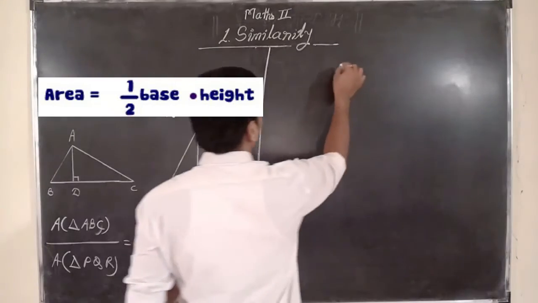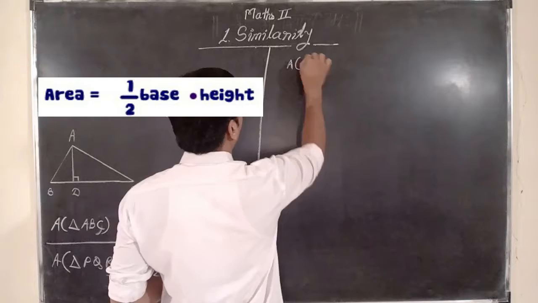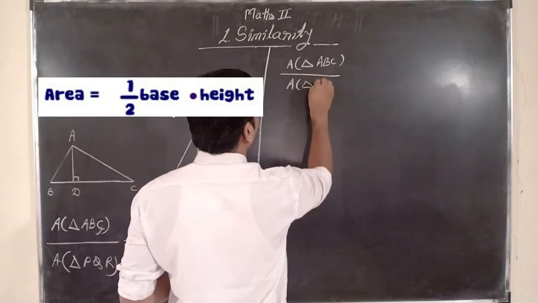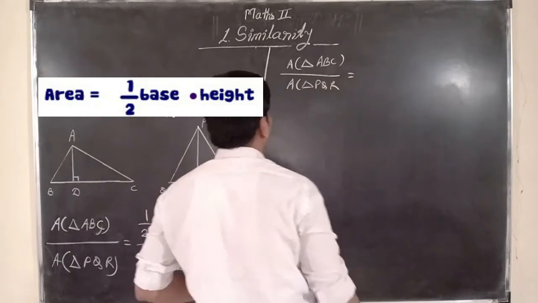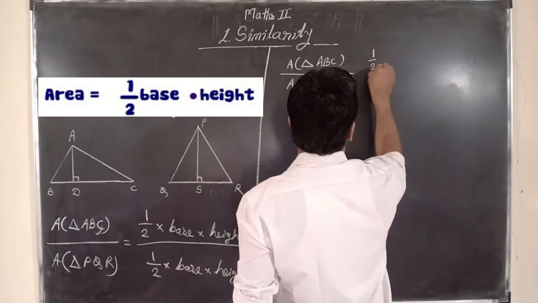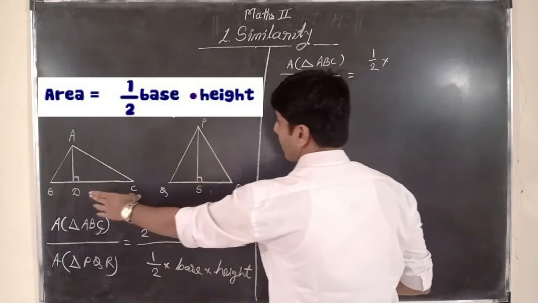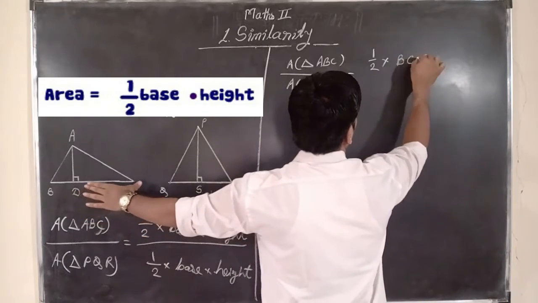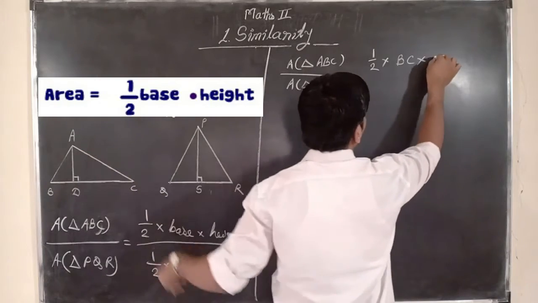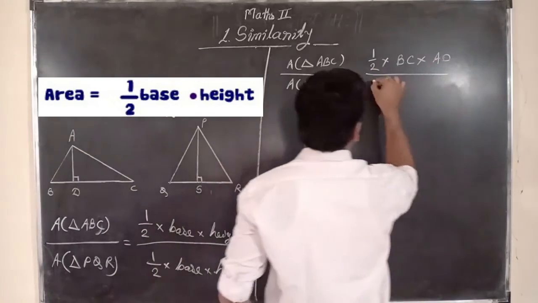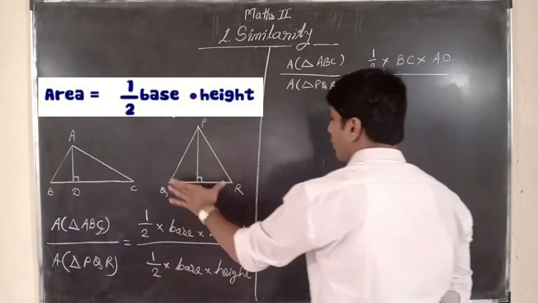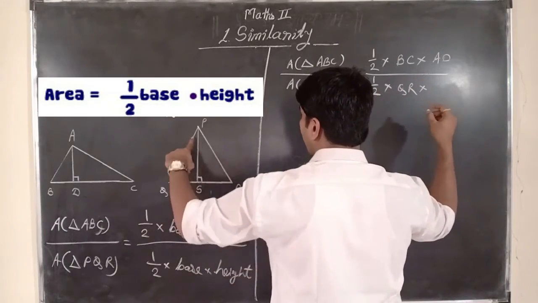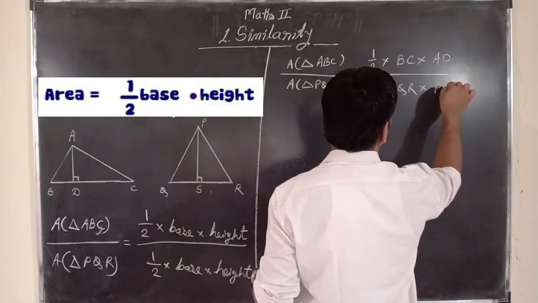So we substitute these values. Area of triangle ABC upon area of triangle PQR is equal to 1 by 2 into the base of the first triangle, which is BC, and the height of the first triangle, that is AD, divided by 1 by 2 into the base of the second triangle, that is QR, into the height of the second triangle, that is PS.